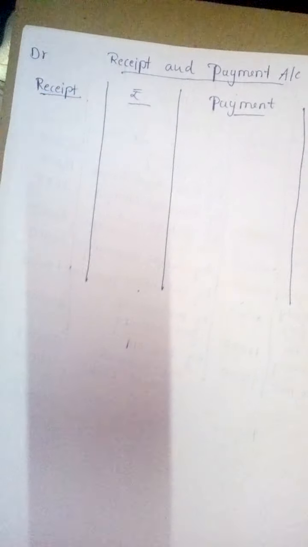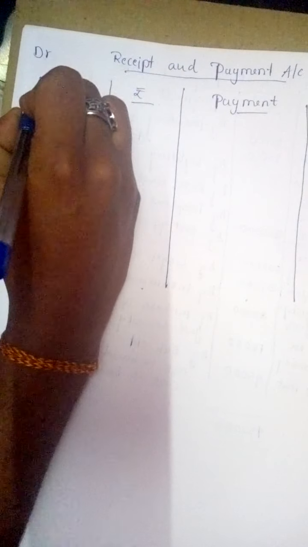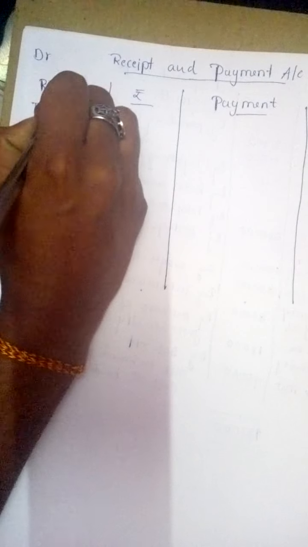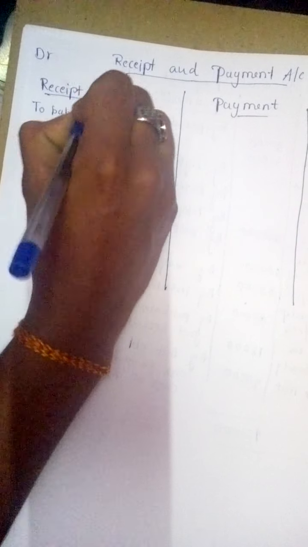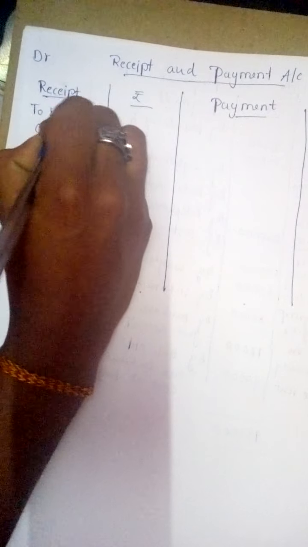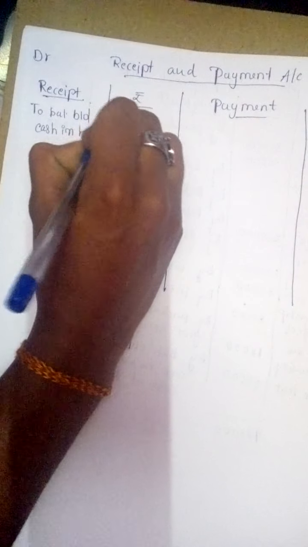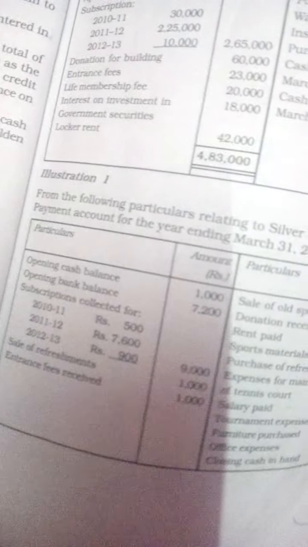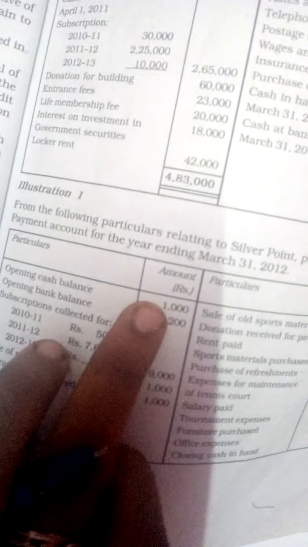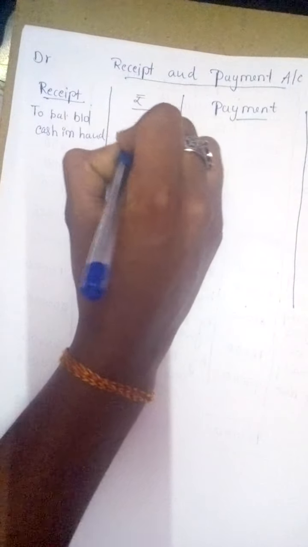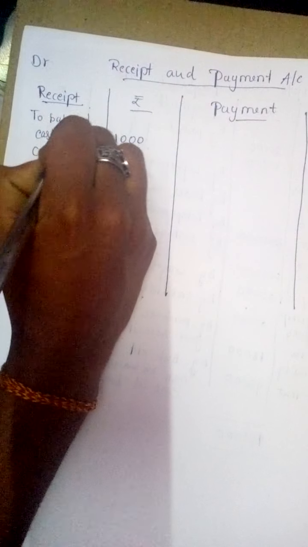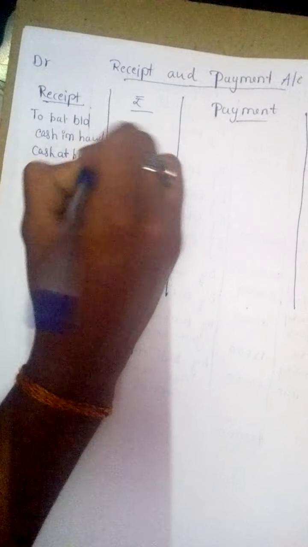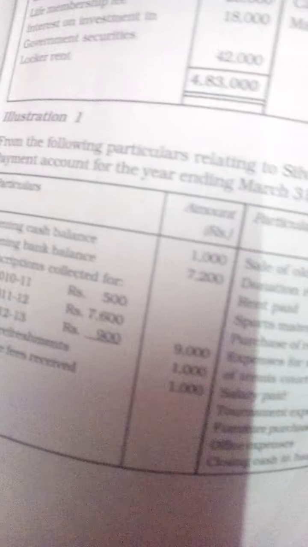So first what we need to do, we need to record cash in hand as well as cash at bank. So to balance brought down, that is cash in hand. Cash in hand amount is 1,000. Cash at bank amount 7,200.